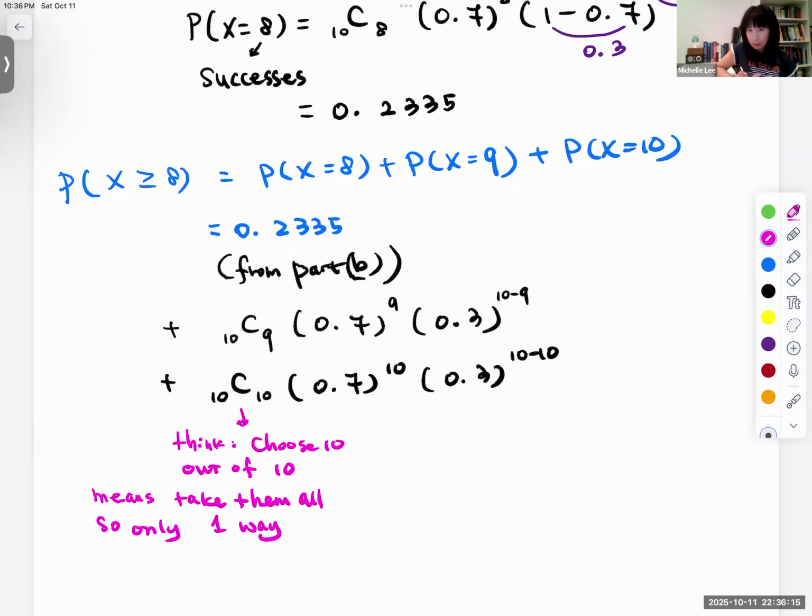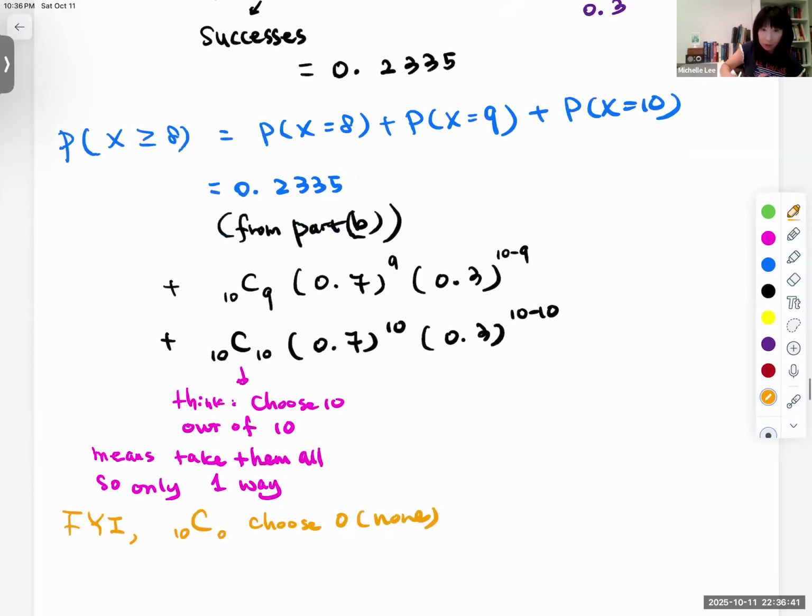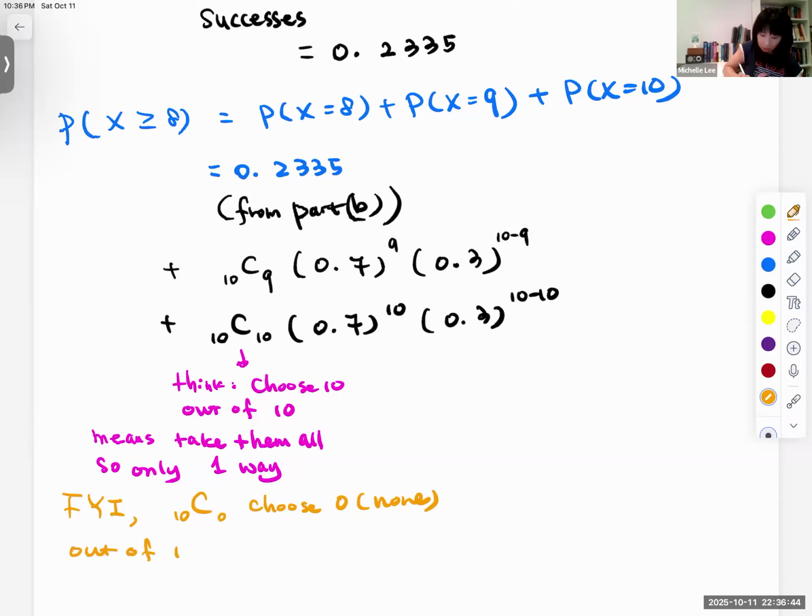Make sense? Just for your reference, if we have a combination with 10 trials, sample size 10, and we choose 0, nothing, choose 0 out of 10 means take none, so that is also one way.